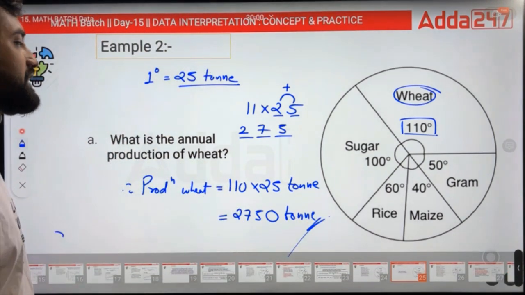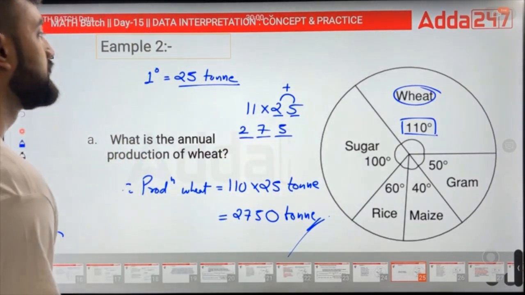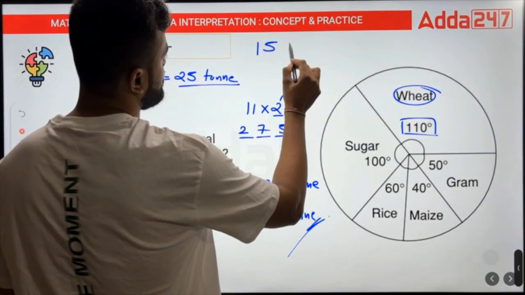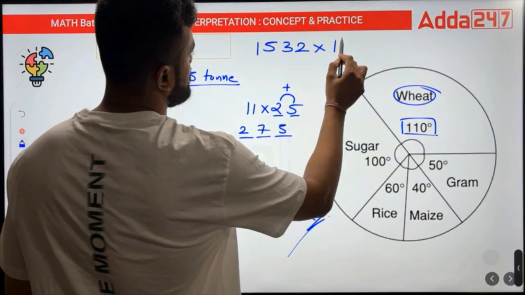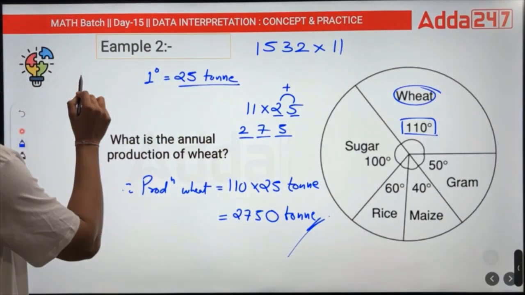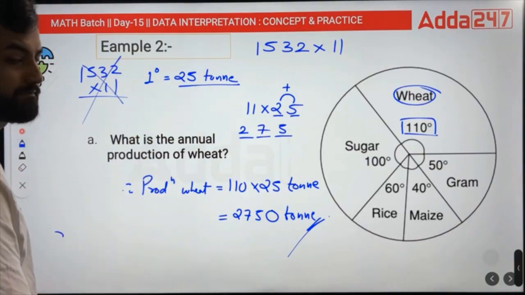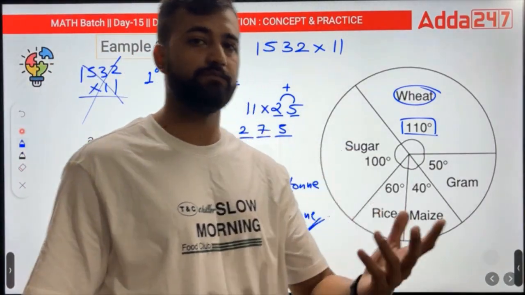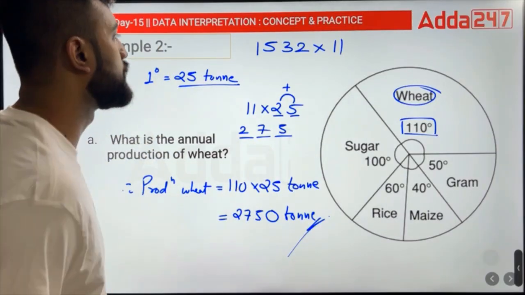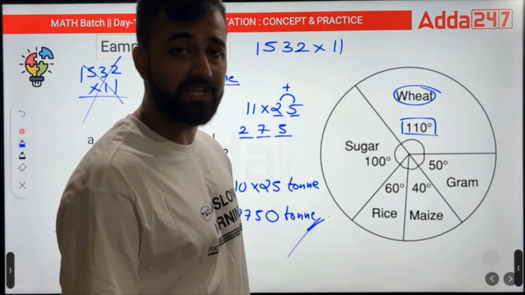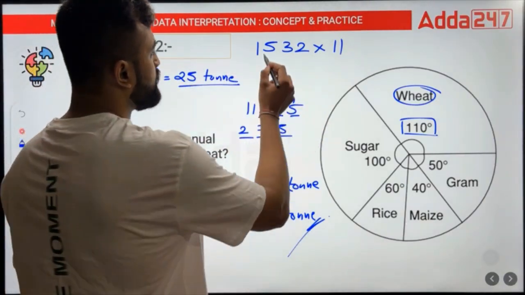Okay. Let me take one more example for this. Suppose you have to multiply 1532 into 11. If you do it the conventional way, which you used to do in your school days, it'll take you a lot of time. And we are giving competitive exams, so we need to save time. We have to be quick. How to do it? Very simple. Just keep in mind when you multiply any number with 11, you'll get one extra digit. 4 digits are there, sir.